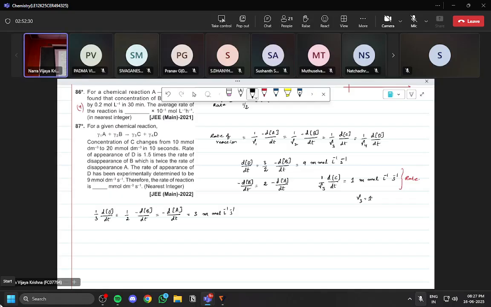Now, rate is 1, means can I divide all of them with 3? So 1 by 9 into dD by dt is equal to 1 by 6 into minus dB by dt is equal to 1 by 3 into minus dA by dt is equal to 1 by 1 into dC by dt is equal to 1 millimole per liter per second.